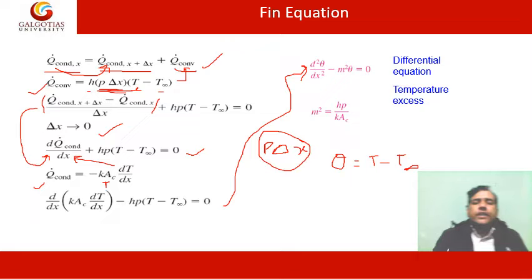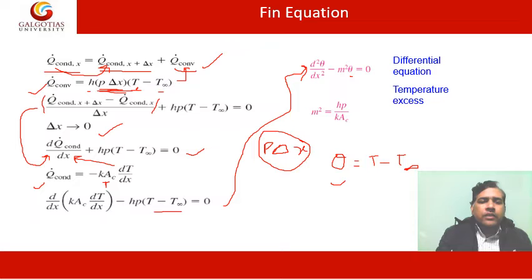If we differentiate this, we get d theta equal to dT. So in place of dT over dx, we can write d theta over dx, which becomes d2 theta over dx square, and in place of T minus T infinity, we can write theta.